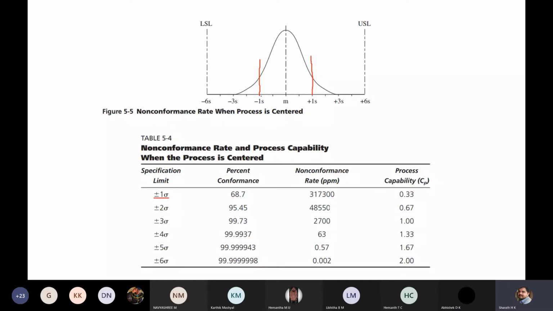If you consider these as the limits, you are going to get 68.7% of products as acceptable products within the limits, and the remaining 31.3% will fall out of the limit.